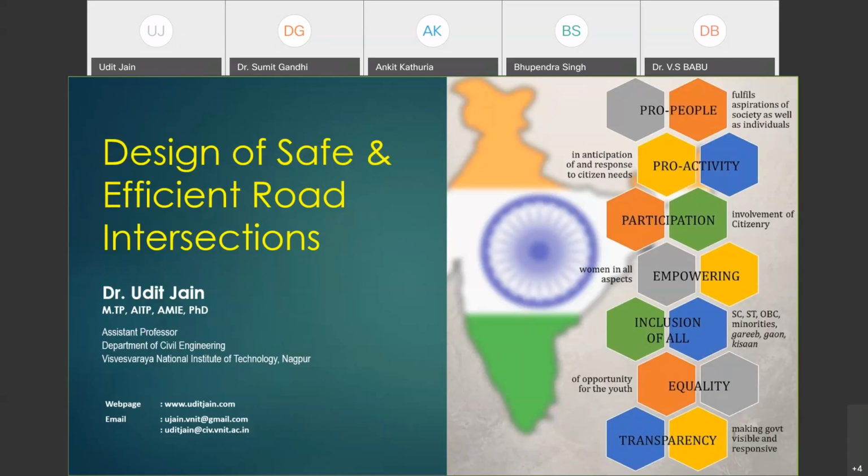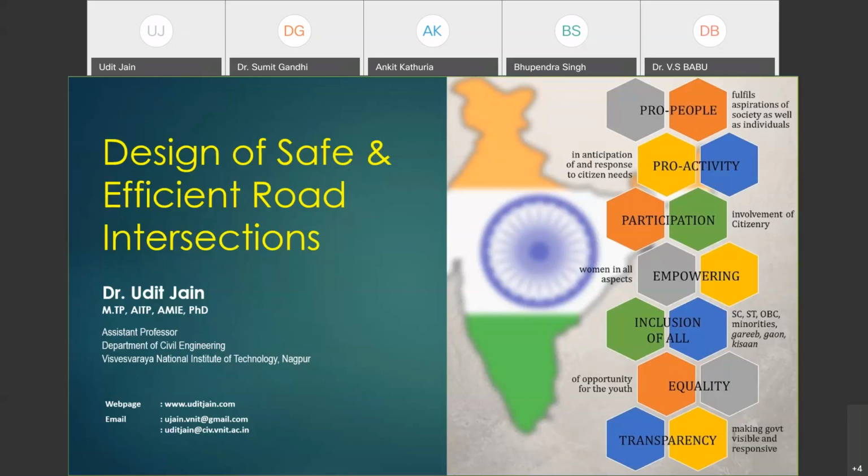Whenever we are planning roads, road safety is a very, very important aspect that has to be taken care of. My topic today falls under the domain of road safety, and it is a subdomain where I'll be talking about how we design safe and efficient road intersections.